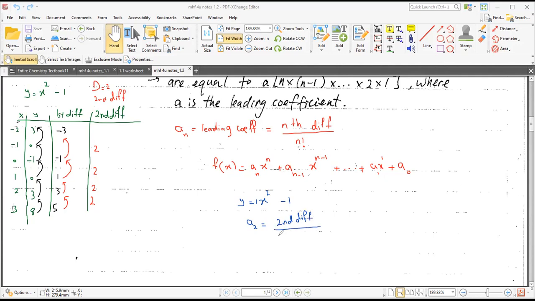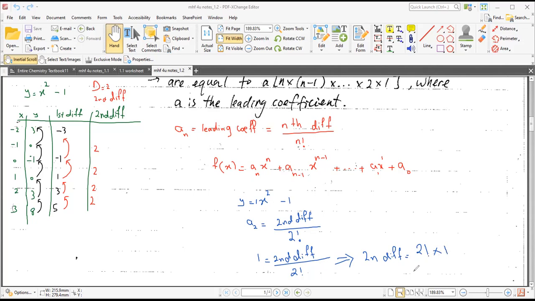The leading coefficient here is 1. So a_2 is equal to the second difference, because the degree n is 2, divided by the highest power, 2 factorial. Here the leading coefficient is 1, so 1 is equal to the second difference divided by 2 factorial. If I rearrange it, the second difference is equal to, crisscross, 2 factorial to the other side, so 2 factorial multiplied by 1.